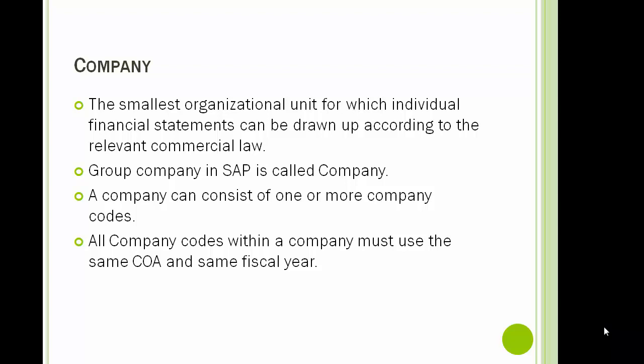So you can assign all those hundreds of legal entities to the company, and you can have the group reporting, group financial statements as well with the help of the company. All the company codes within a company must use the same chart of accounts as already said, and must have the same fiscal year so as to have the financial statement generated.